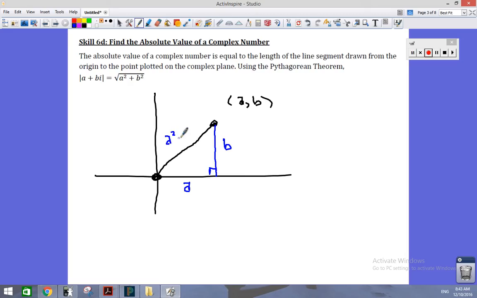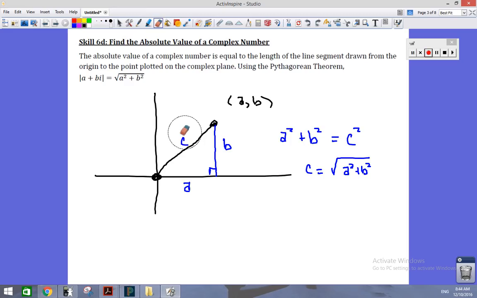The Pythagorean theorem for a right triangle gives us the relationship between the legs and the hypotenuse: the sum of squares of the legs is the square of the hypotenuse. A squared plus b squared equals c squared, where c is the length of the hypotenuse. We want that length, so we take the square root of a squared plus b squared.